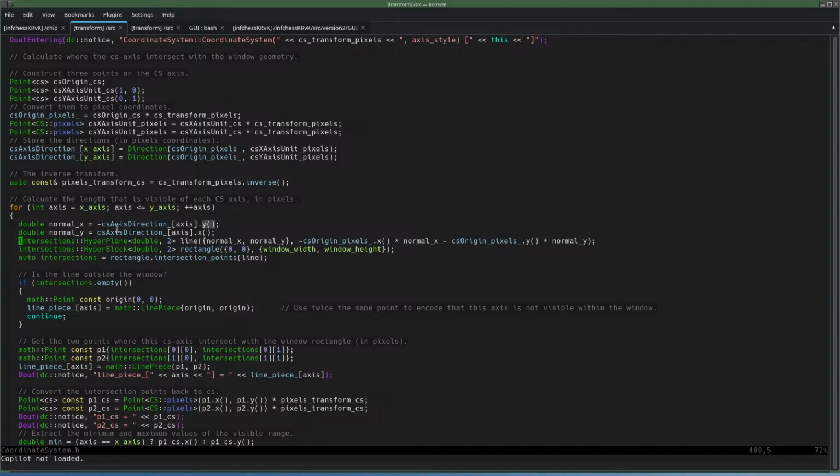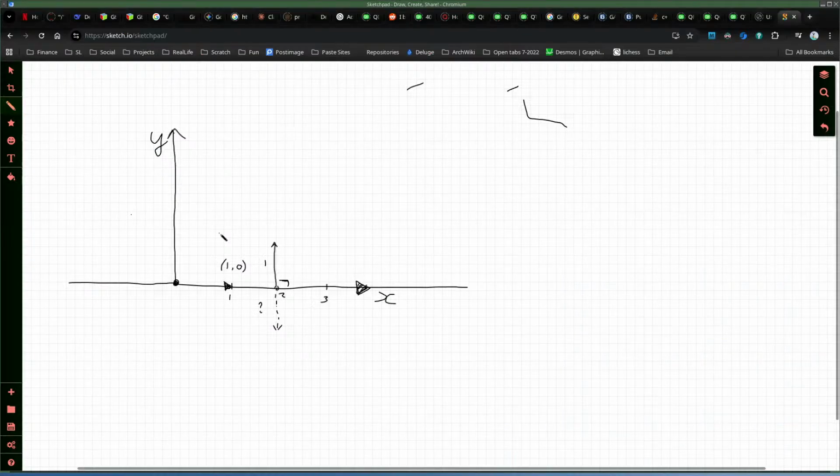Y was 0. So the y coordinate will become +1. Okay. So the normal is this one. +1. And then that's the y coordinate, and the x coordinate is 0. Well, I moved the origin of this one here, so it just means it's vertical.